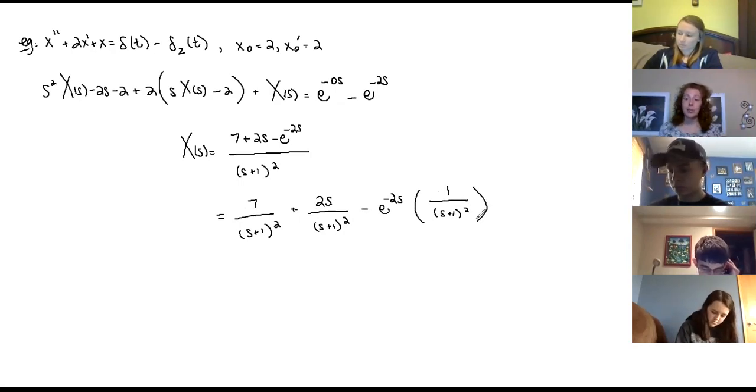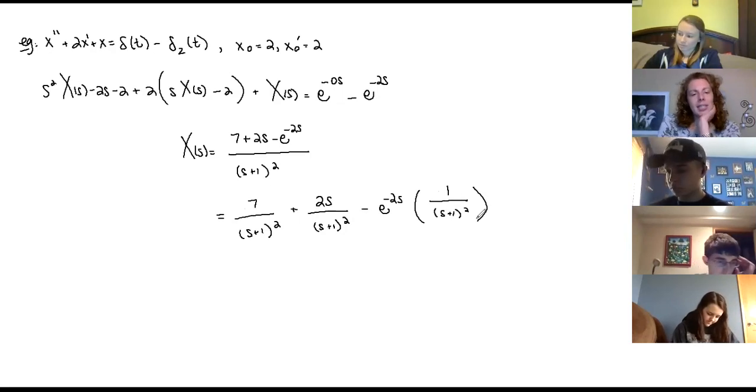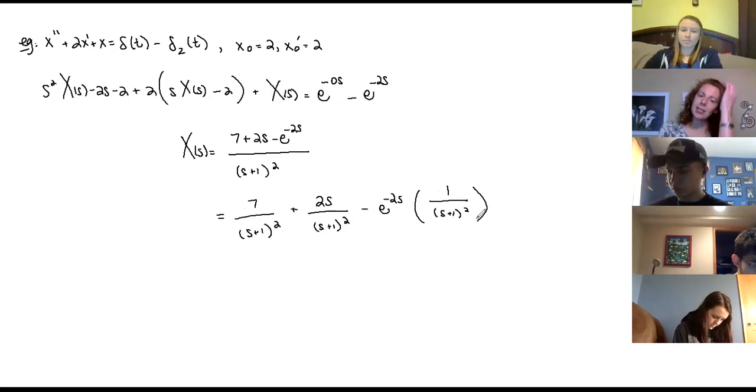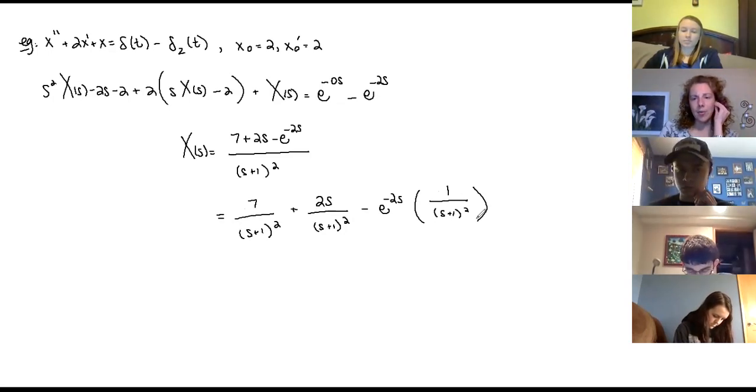So I'm splitting this up into 3 separate pieces.